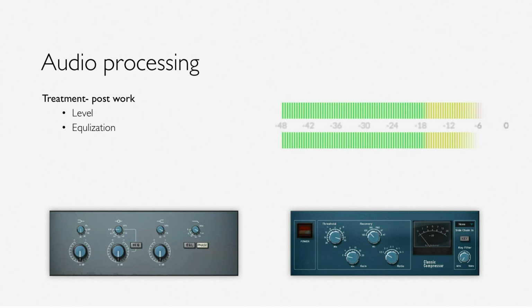Some broadcasting channels or software have a built-in compression. They are making sure that you are not overshooting, and if there's something that's very soft, they will make sure that the level is increased. But most of these automated systems sound really, really bad. So I would avoid it. I'm not using any compression here.